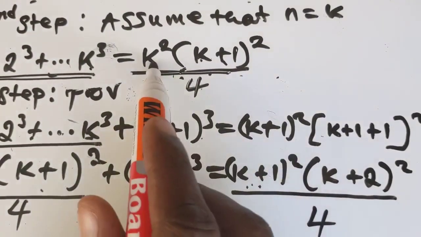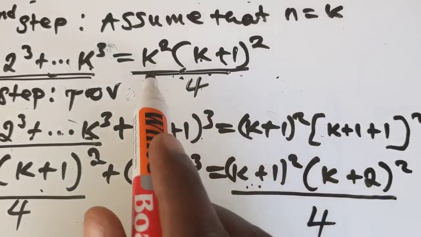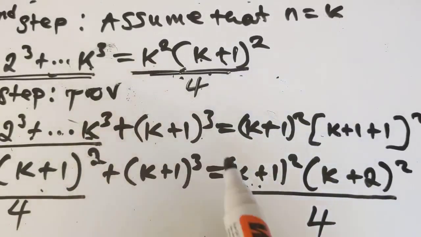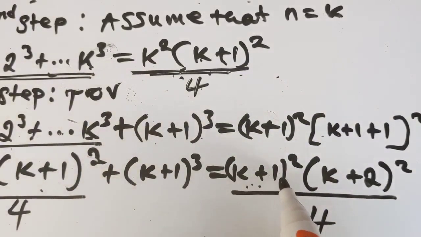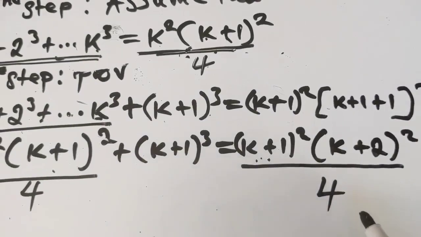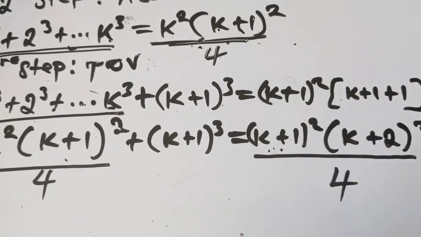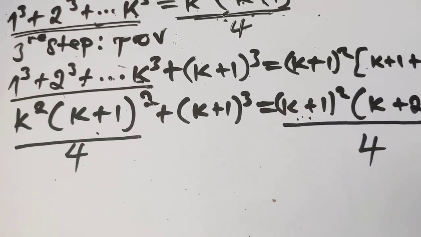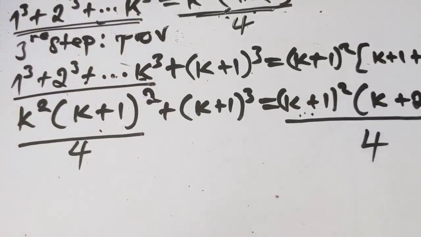We had replaced where k squared is, by k plus 1. Then it is over 4. That is why I have put 4. I'm sorry for that mistake that I had made. I just forgot. Okay, so we are still okay on this one now.